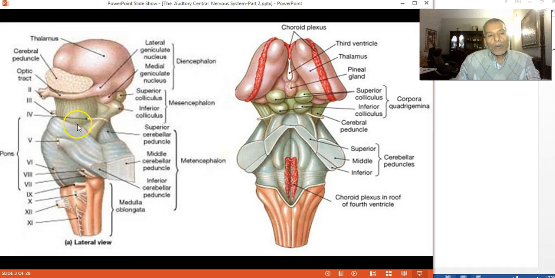And then on top of that, we have the midbrain, this area here. You can see the midbrain is continuous with the medulla, and the pons kind of goes around and hugs that part of the brainstem.